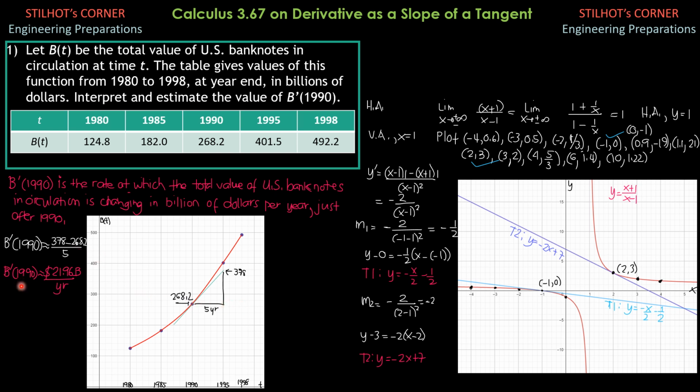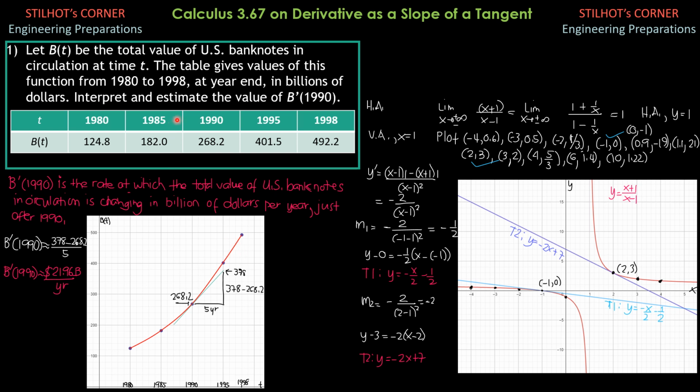So therefore, the value of B prime 1990, the rate at which the total value of US banknotes in circulation is changing just after 1990 in billions of dollars per year, is 21.96. So that's it for that problem.